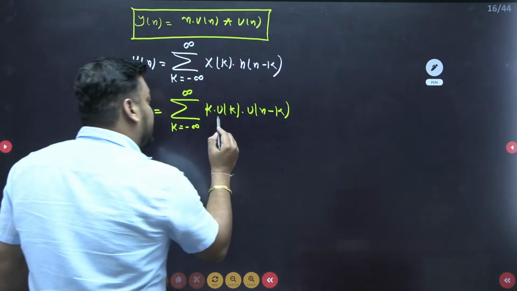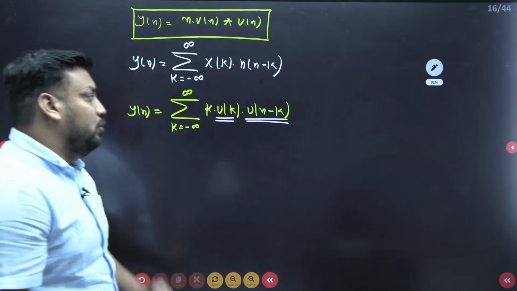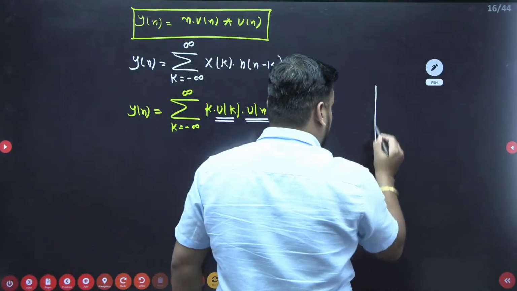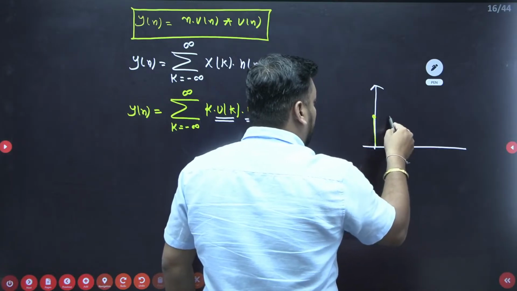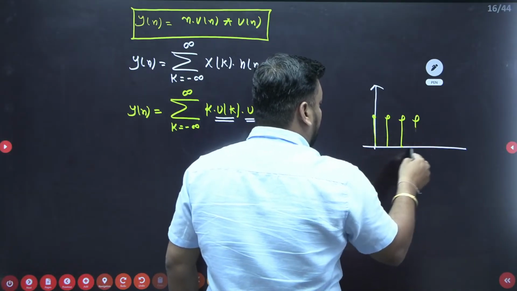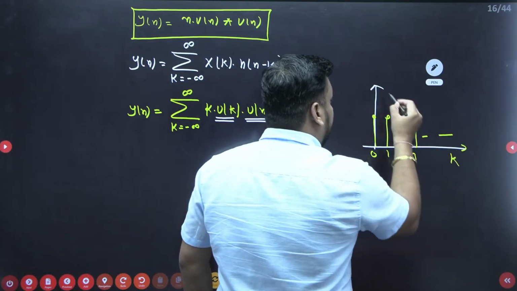You will feel that, sir, in yesterday's class we made two curves of u[k] and u[-k+n]. This is u[k], which starts from 0, 1, 2, 3 and so on, with respect to k.